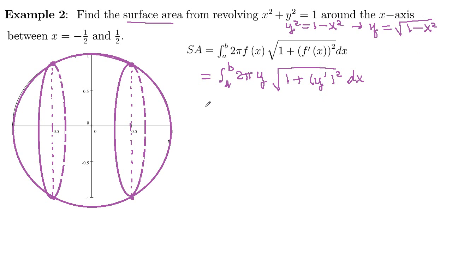But let's plug in here. We've got the integral; a to b would be -1/2 to +1/2. Those are our x values. 2 pi, and I'm just going to leave it as y there for a second, and then square root of 1 plus y prime.